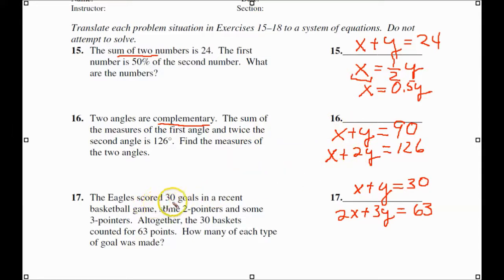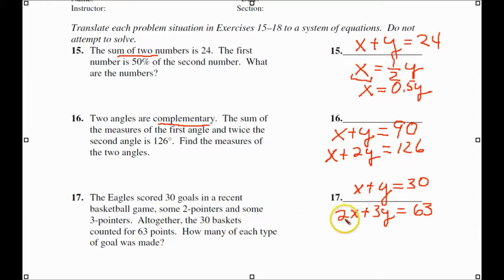Here the Eagles score 30 goals. And there are two types of goals. There's a 2-pointer and a 3-pointer. So the 2-pointers plus the 3-pointers, the number of them, equals 30. Now the actual score counted as this many points.